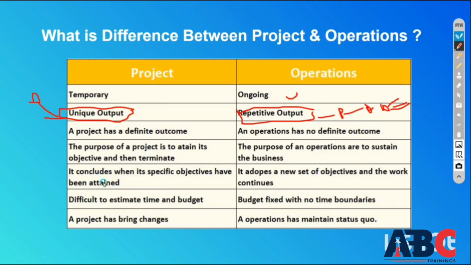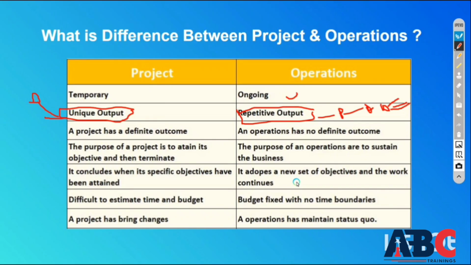The fifth point is that a project concludes when its specific objective is attained, while operations adopt new objectives, which is your continuous effort. That is what we call operations. The difficulty in a project is estimating time and budget. If a project is going on, it is difficult to estimate or define the time.